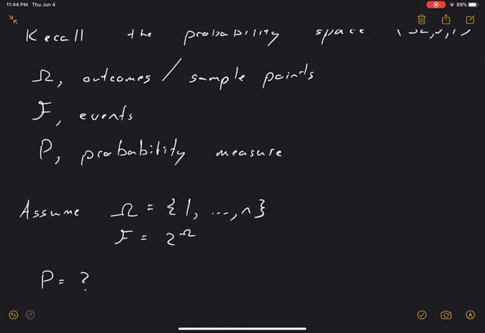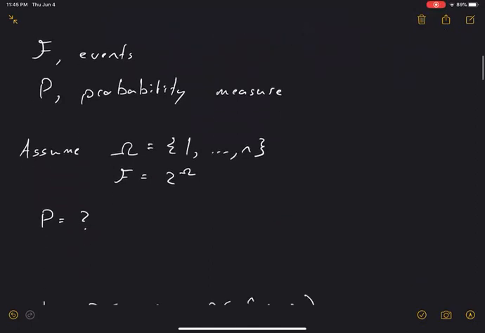So how does all this relate to what we're used to dealing with, which is probably in most cases just finite sample spaces? So let's say we have a set omega with just n elements. This could be like the set of all dice rolls.